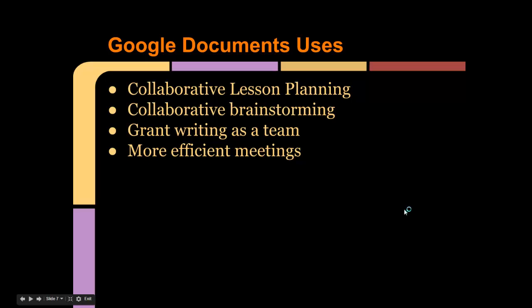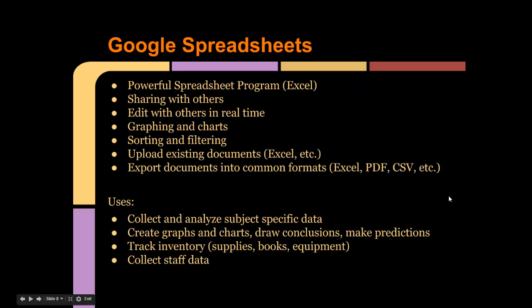Great uses for these include collaborative lesson planning, brainstorming, grant writing, meeting minutes, things like that. Google Spreadsheets is like your Excel, your spreadsheet program. Some of the similar benefits: you can create graphs and charts, you can edit with others in real time, you can also upload existing documents and export documents to save them in Excel or PDF formats.